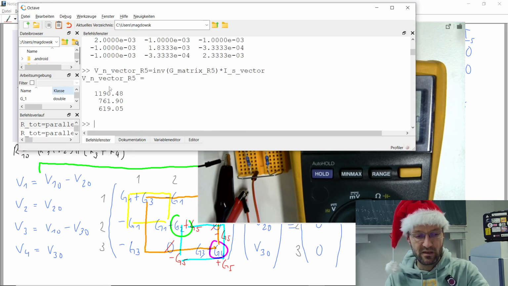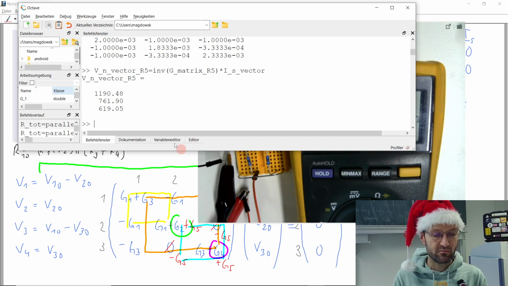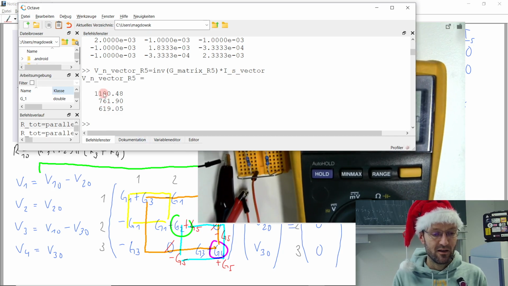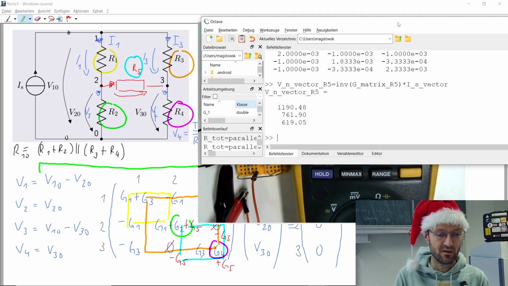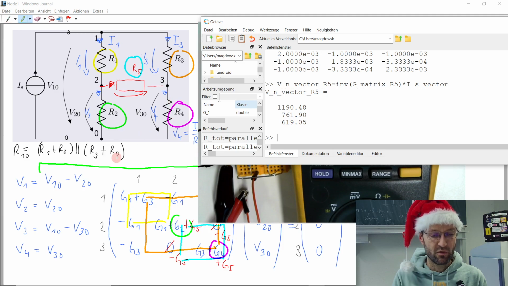Now if we calculate the new result, we get a little less total voltage, a little less voltage across the big resistor, a little more voltage across the small resistor, because, as we discussed, we are pushing current. So this voltage dropped down, this voltage also dropped down, but this voltage here increased, because some current is going this way through this resistor. And it decreased by, let's say, about 10 ohm.